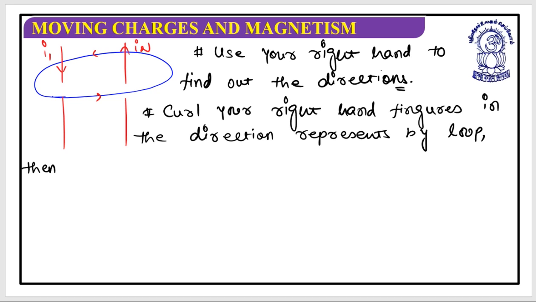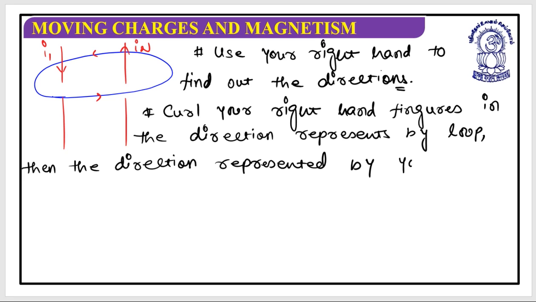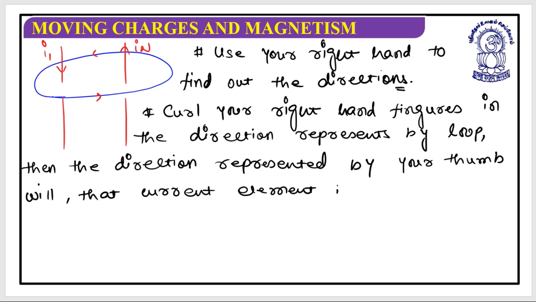Then the direction represented by your thumb, that current element is positive, and vice versa.